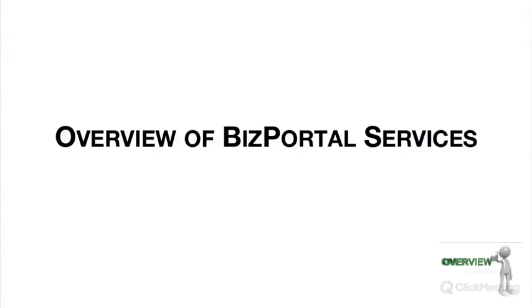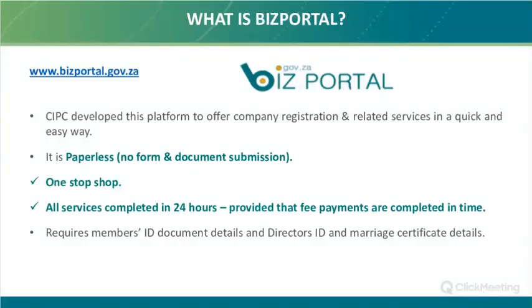Okay, now let's talk about the overview of Biz Portal services. What is Biz Portal? You will see there in blue is the Biz Portal website address, on your left-hand side, upper left-hand side. CIPC developed this platform to offer company registration and related services in a quick and easy way.